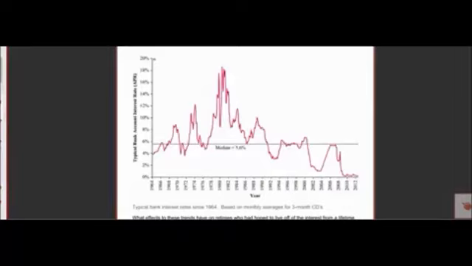And so we can see there was a median. If I looked at all these bank rates throughout these years, and I found the median or the average of those values, the average of all those values is 5.6%. And this is a monthly average for a 3-month CD, certificate of deposit.